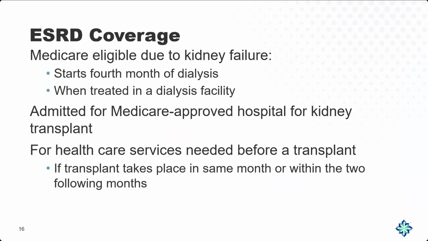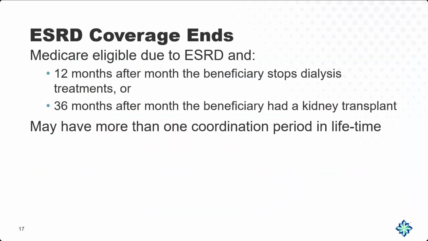I was asked a question by a provider that had some confusion. What happened is they had an end-stage renal disease patient that did have a successful kidney transplant, and all of a sudden their Medicare coverage terminated. Now, in this case, the person was in their 30s. So what happened is 3 years, 36 months after the kidney transplant was successful, their coverage did terminate.